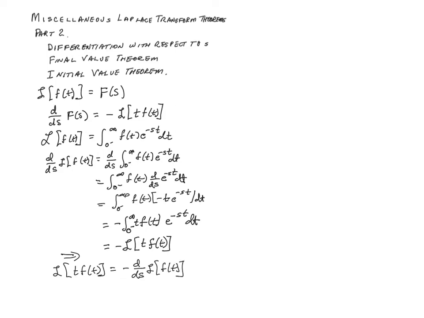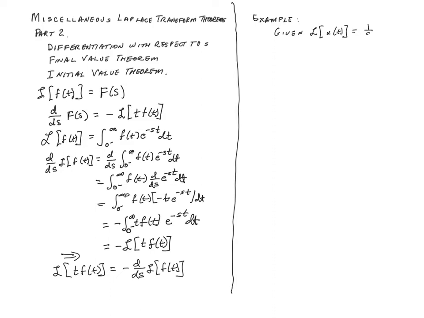Okay, so let's just do one or two applications of this. An example would be, say we're given the Laplace transform of u of t. This is equal to 1 by s.